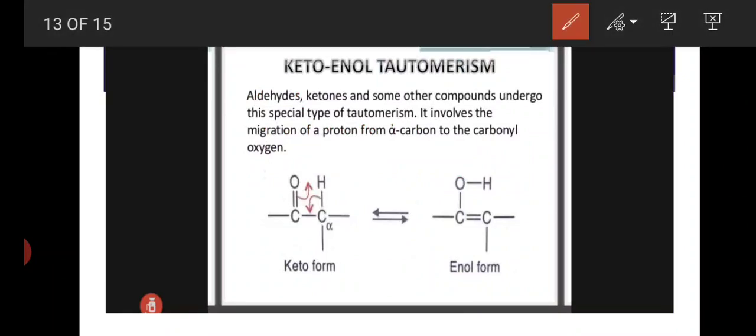Migration of proton means here this is the proton, the hydrogen present at the alpha carbon, so it is called alpha hydrogen. Migration of this alpha hydrogen to the carbonyl oxygen means this bond shifts to these two carbons, the pi bond shifts to oxygen, so oxygen gets a negative charge, and this proton binds with oxygen like this.